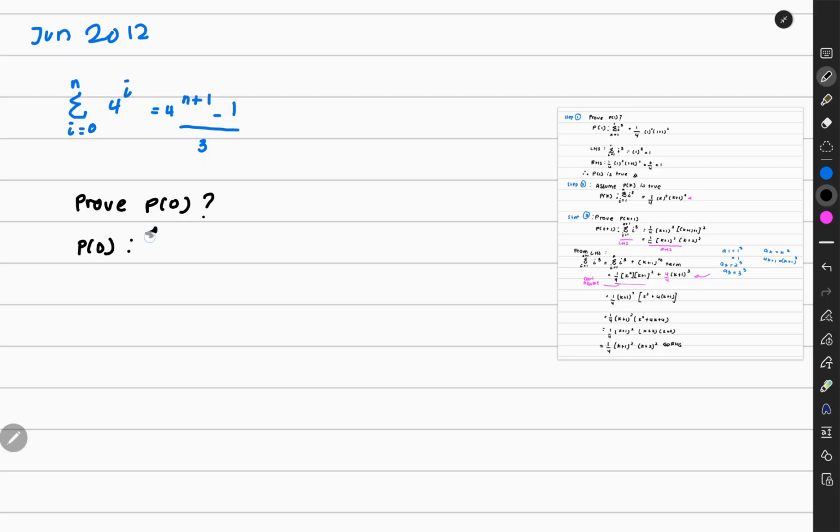P of 0 means you have the summations of 4 sub I, I is from 0 to 0 lah. Betul? Equal to 4 to the 0 plus 1 minus 1 over 3. That is your first summation of your first term. What is the left hand side?